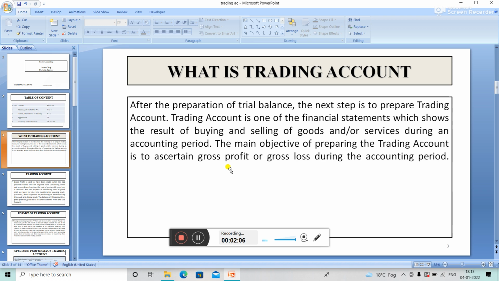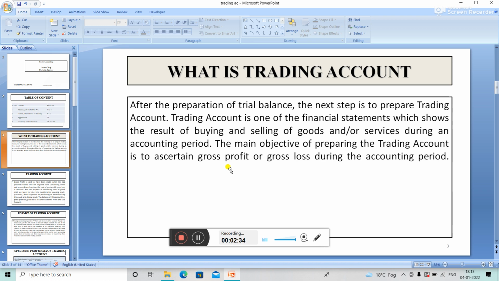Apart from this, one important point I want to tell you is the manufacturing account. Before telling you about the trading account further, let me tell you what a manufacturing account is. The manufacturing account provides you information about what exactly the expenses are that the organization has incurred when manufacturing their product.